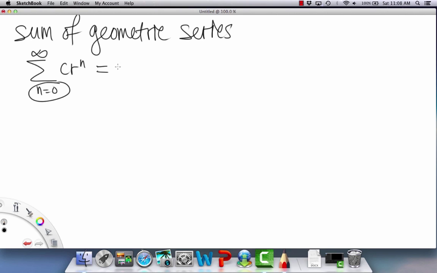So this is going to be C plus CR, like the one I just did, up to infinity. This is going to be C over 1 minus R. This is the first case, when n starts at 0.